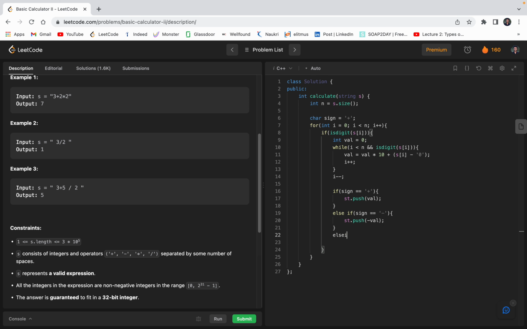Else if sign is multiplication, I will say previous value is stack dot top, and I will pop it, then push the previous value times val. Else at the end, there can be only one thing left, the sign operator, that is division.